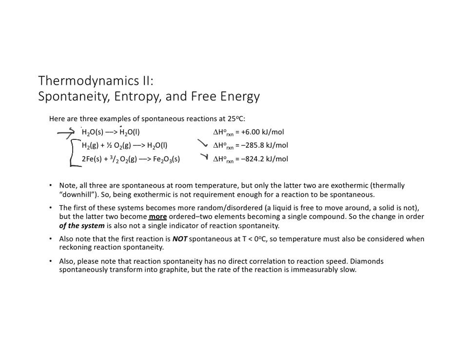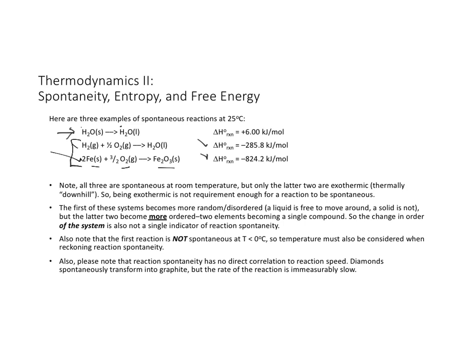Again, notice we go from two things here to one thing. On this reaction, we go from two things to one thing. So the first one is becoming more disordered. The second and third ones are becoming more ordered. So we find that the change in order of the system is also not a single indicator of reaction spontaneity.